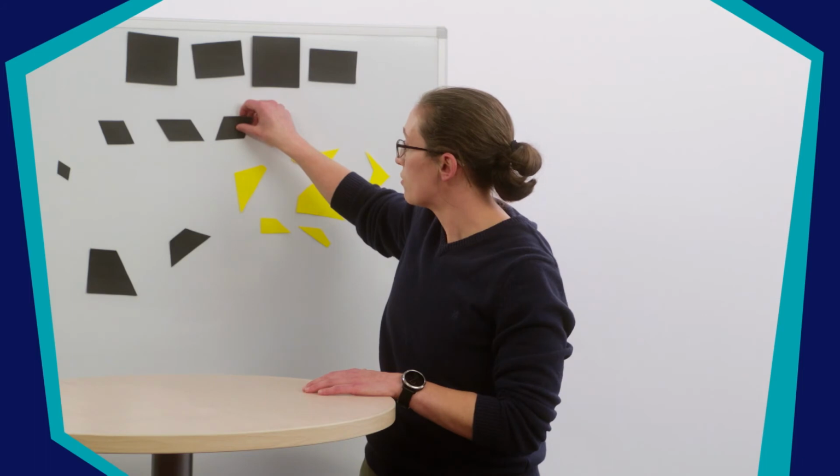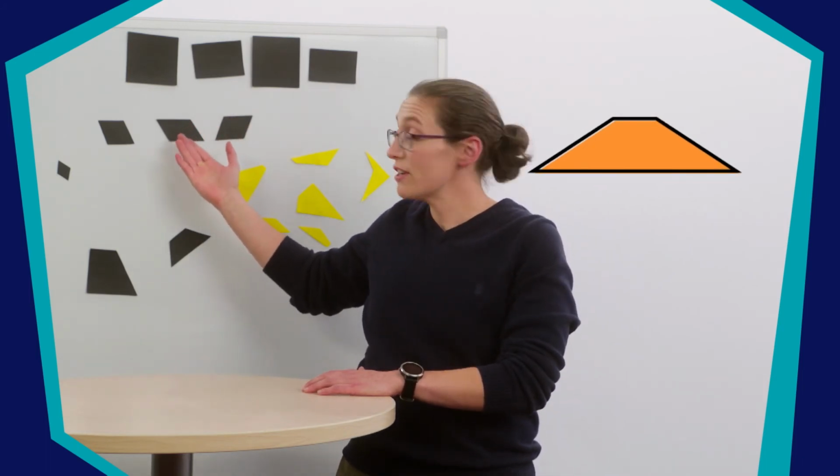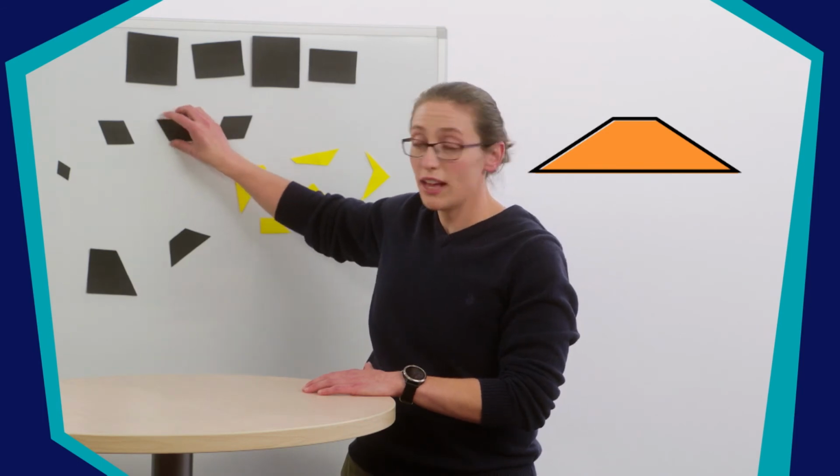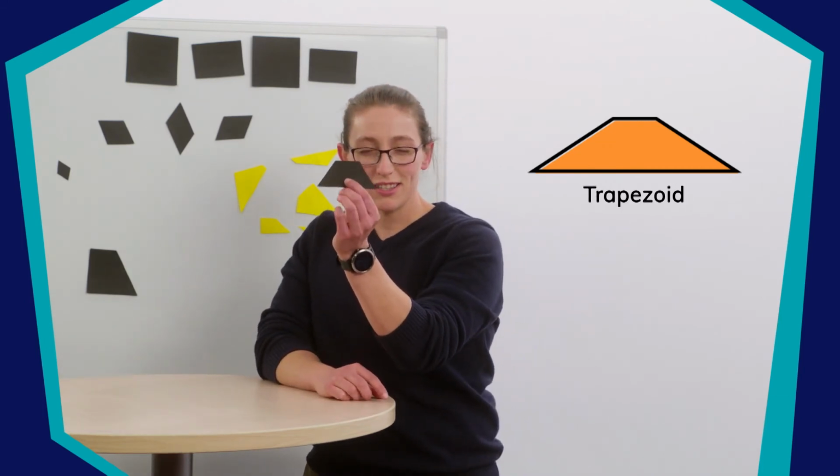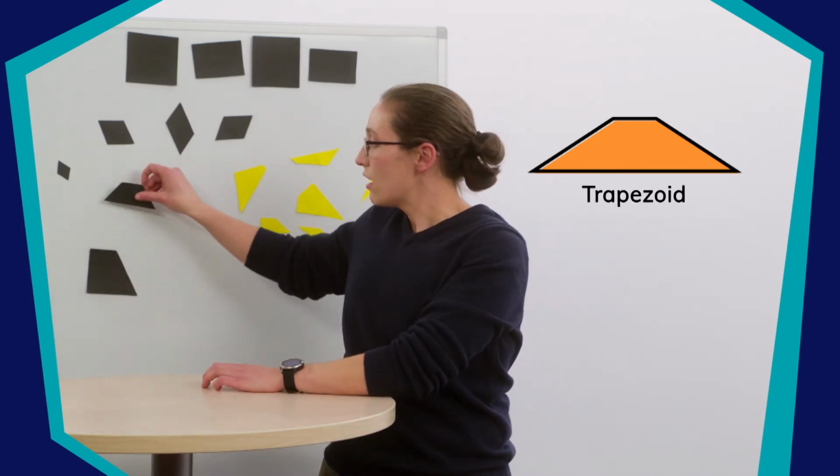So if I put those together, notice they can go one way or another. It's pretty nice. You can be flexible with it. They could be vertical. Next, I saw this one. This is something that we see a lot. It's got 1 set of parallel sides. Do you remember what those are called? Exactly, trapezoids.